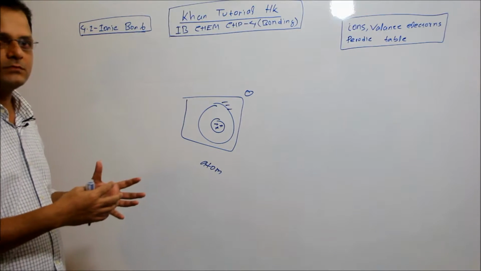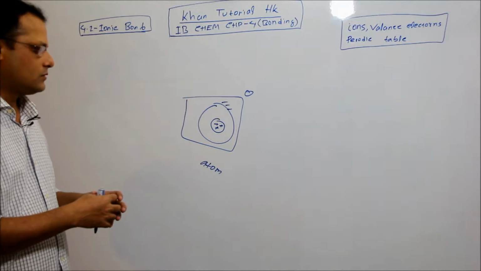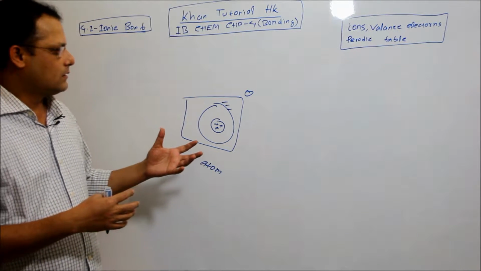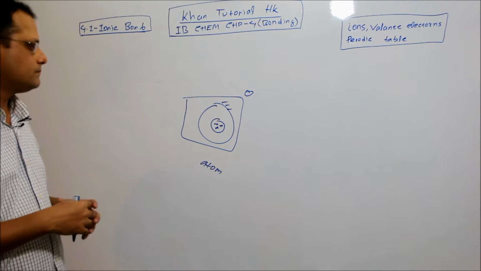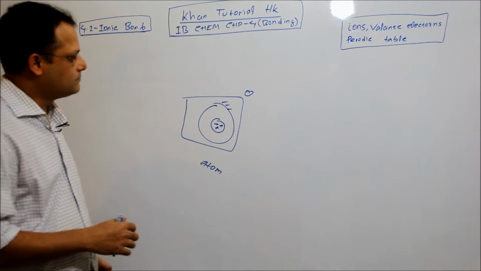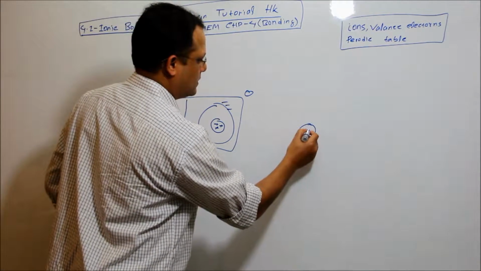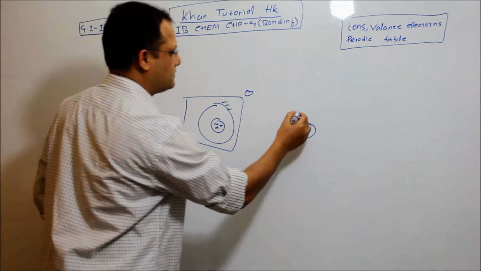For an atom it is more important to become potentially stable. So some atoms lose electrons to become potentially stable, and some atoms gain electrons to become potentially stable. Let's say this atom loses 1 electron. What is the situation? Inside the nucleus we still have plus 3 charge, but because it lost 1 electron, it has 2 minus outside the nucleus.